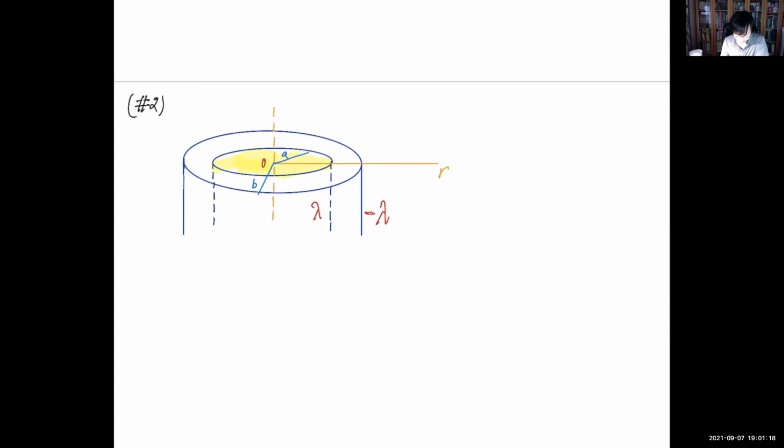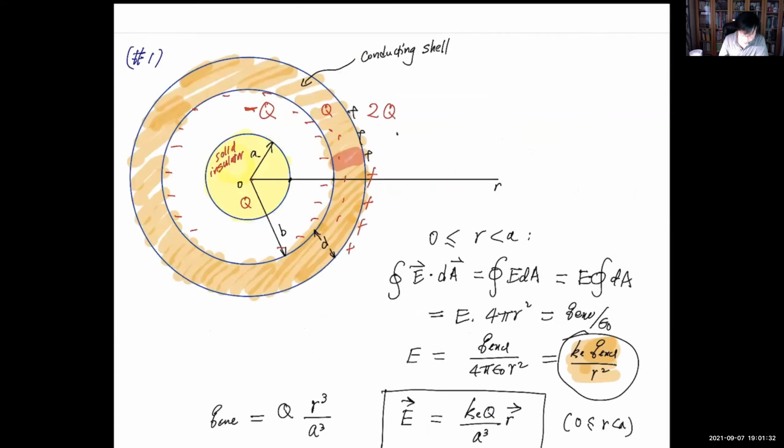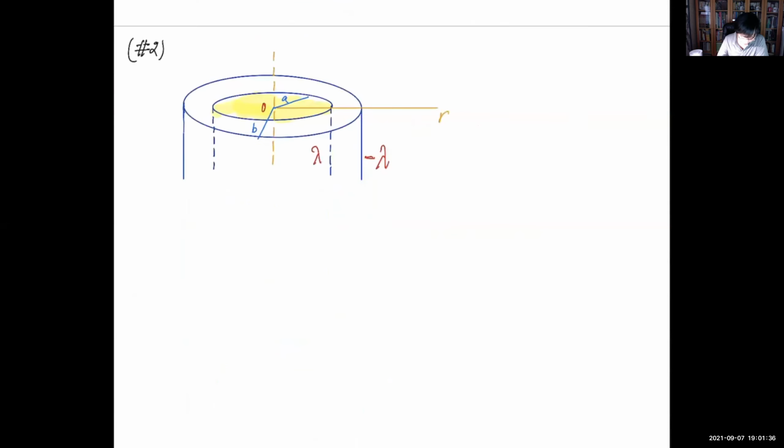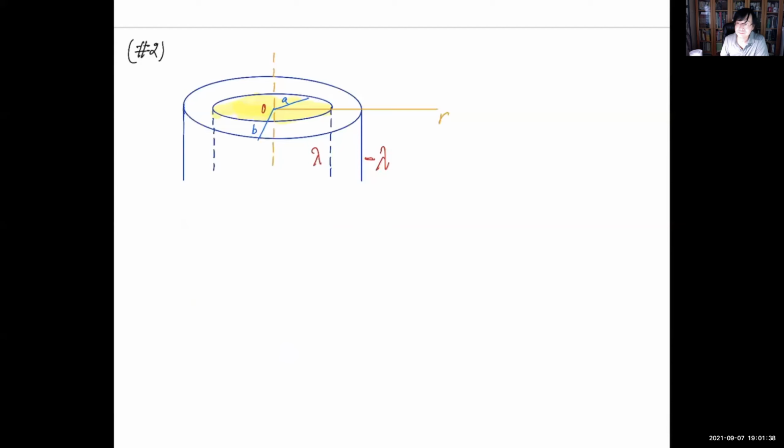It's just the same as the cylindrical symmetry we discussed in the video lectures, except this time you have two sources, concentric with each other. The idea is similar, except we need to draw a different Gaussian surface. What shape of Gaussian surface do we draw this time? Cylinder? Yes, you have to draw a cylinder concentric with these two cylinders.